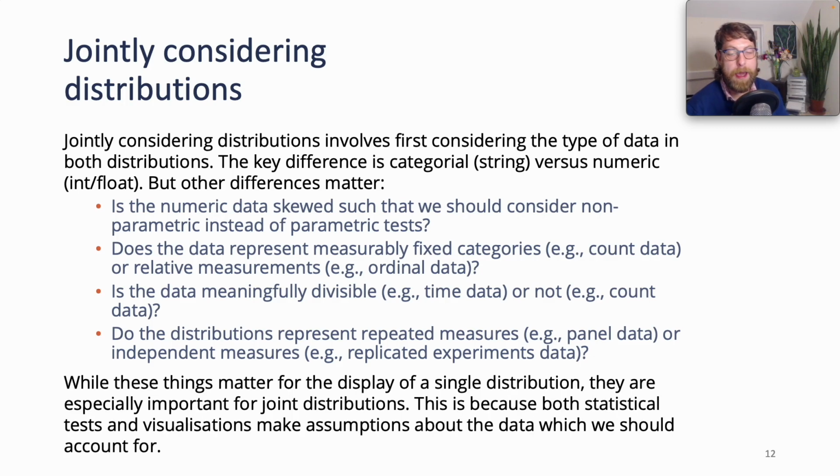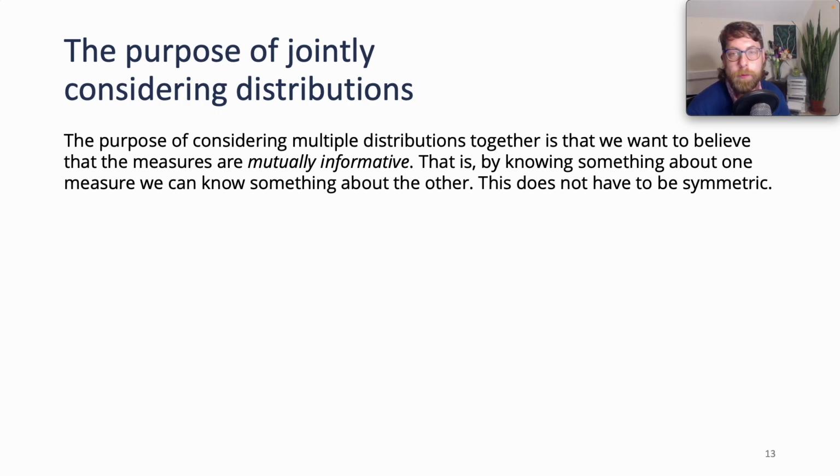Now, these things matter for the display of a single distribution, but they're particularly important for joint distributions because they help us choose what kind of measurements we're going to see first and how that's going to help us build intuitions that we may want to test statistically or illustrate visually for the things that we think are important to test statistically. So as I said before, the reason why we look at two distributions is because we want to think of something as being able to help us inform the other. We know something about one, it'll help us know something about another.